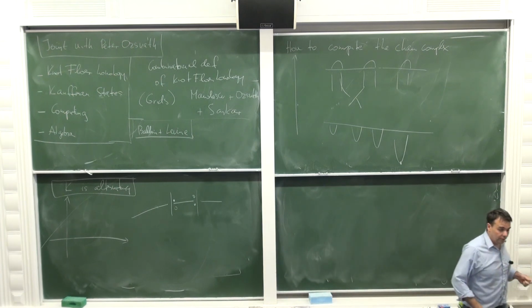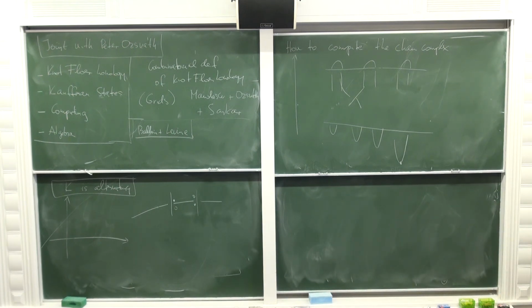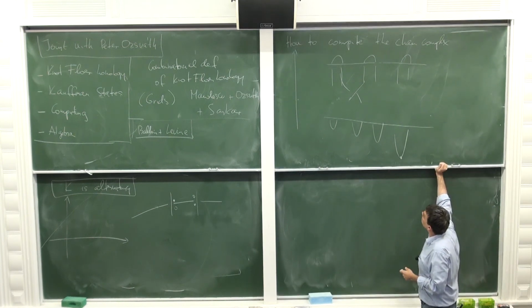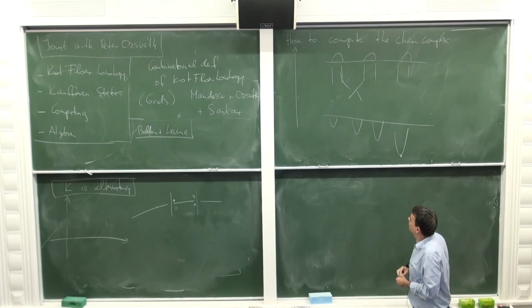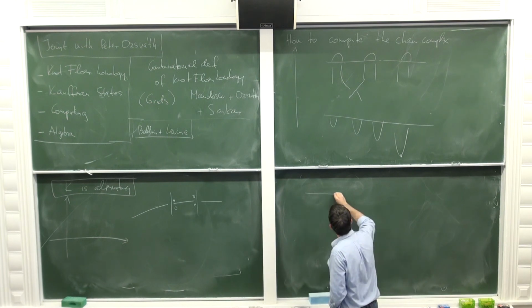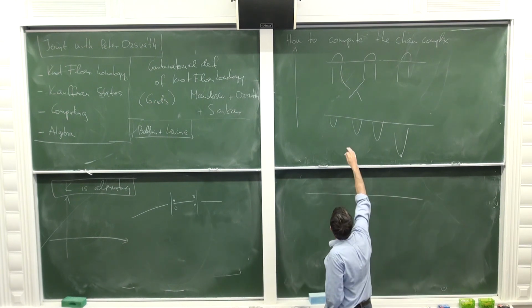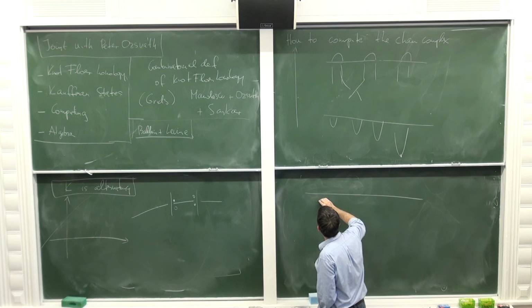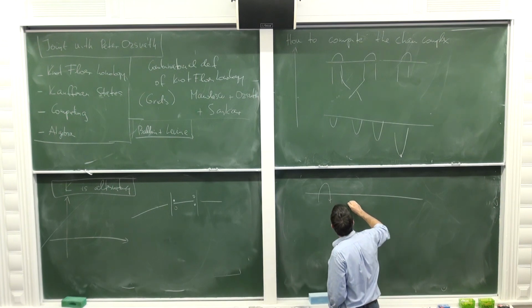So the idea is instead of looking for some magical combinatorial way of saying when do two Kauffman states give us a map, we are going to build up a more complicated series. So in this case, we have this same knot oriented, so it might start like this.